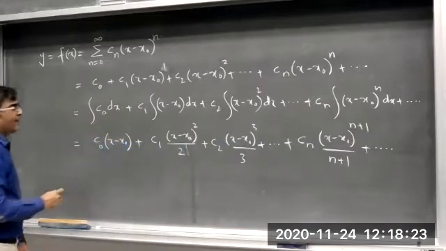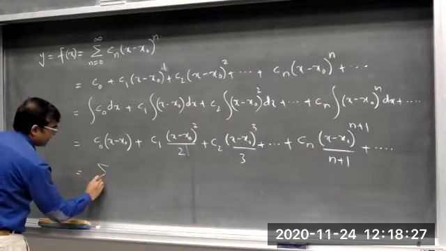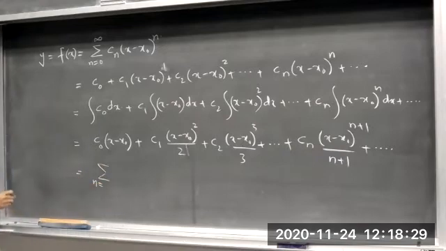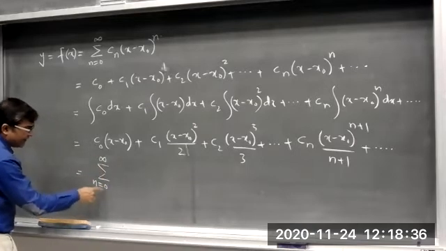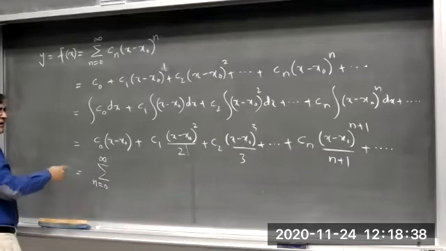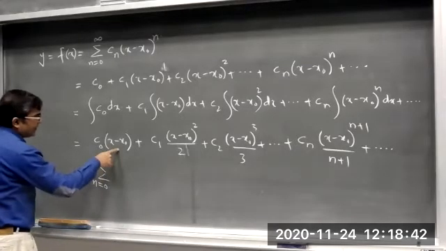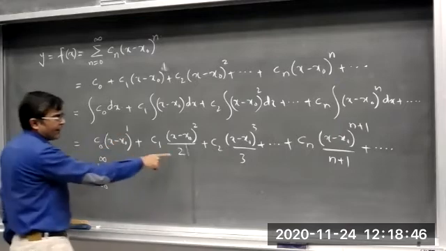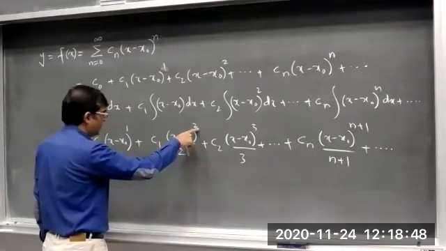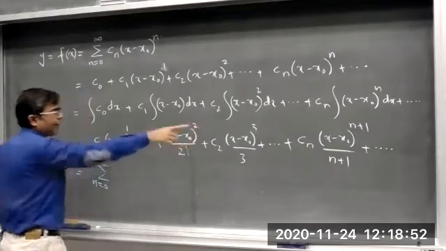So if we sum up again this power series, what do we get here? Summation n from 0 to infinity, because we cannot start from -1 in the power series usually. So when n is 0, here we have 1, and we have 2 here, and so on.